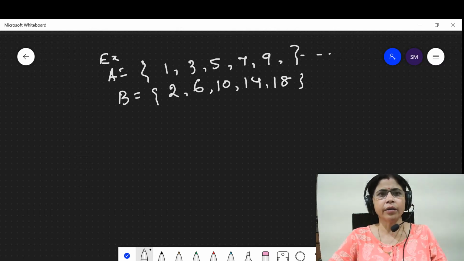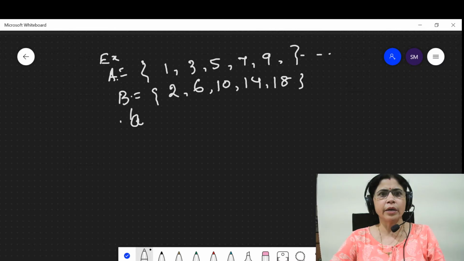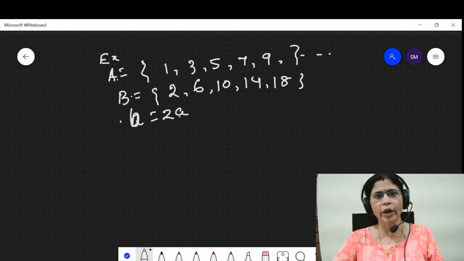Then R is a relation from A to B in such a way that b is equal to 2a.